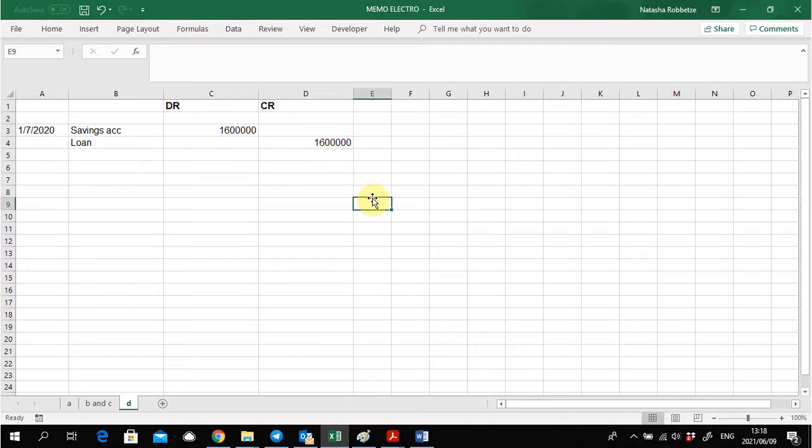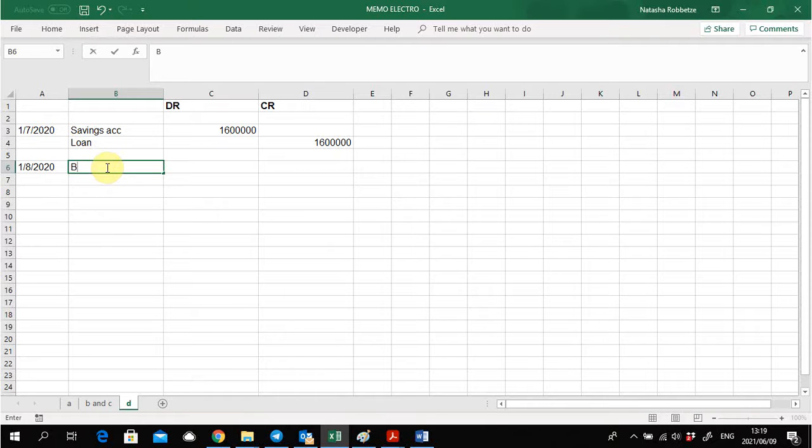The next entry I believe we need to do is the first progress payment that is made. The first progress payment is made on the 1st of August 2020, and here we pay 500,000 Rand in the first instance.